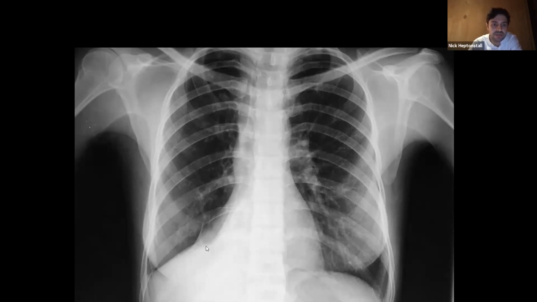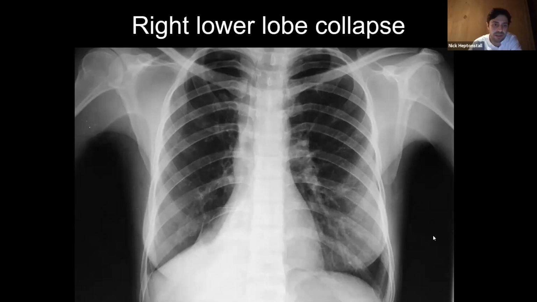Most importantly is the fact that you've lost this right diaphragmatic border. So this is a classic right lower lobe collapse. The key difference between right middle lobe and right lower lobe is that you lose the medial aspect of the right diaphragm. So this is right lower lobe collapse.